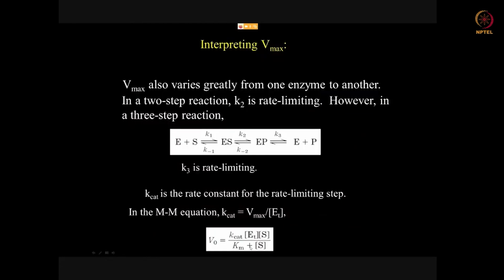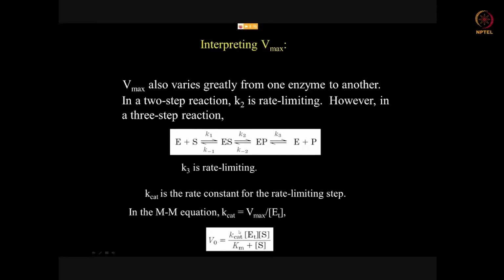then if you look at different situations, suppose when you are looking initially where S is really low, then V0 equals Kcat by Km, this ratio, times Et S. So now the substrate concentration will be directly related, linearly related to V0.